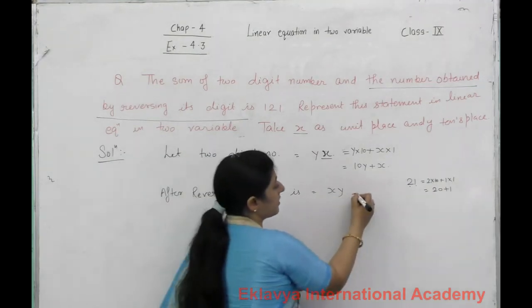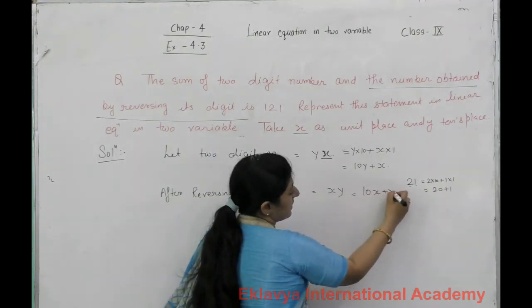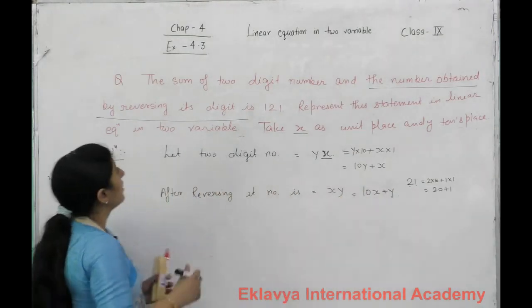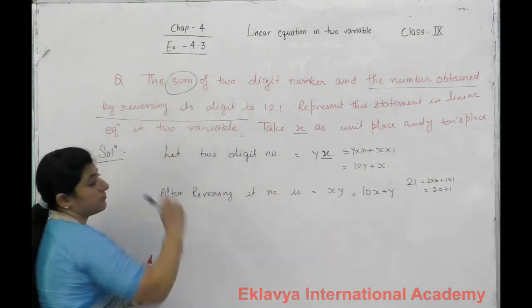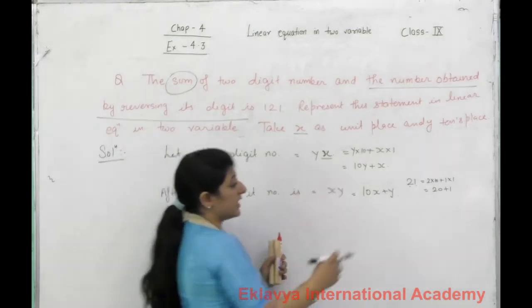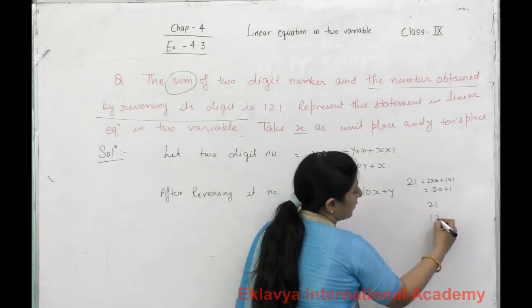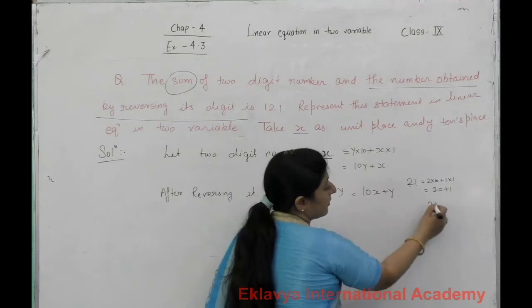Now it becomes 10x plus y. Your question is the sum, meaning firstly you have 21, then you have 12, the sum of these two numbers.